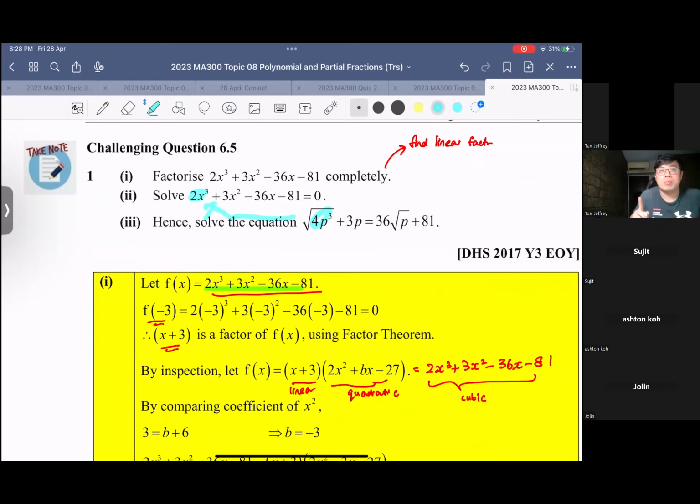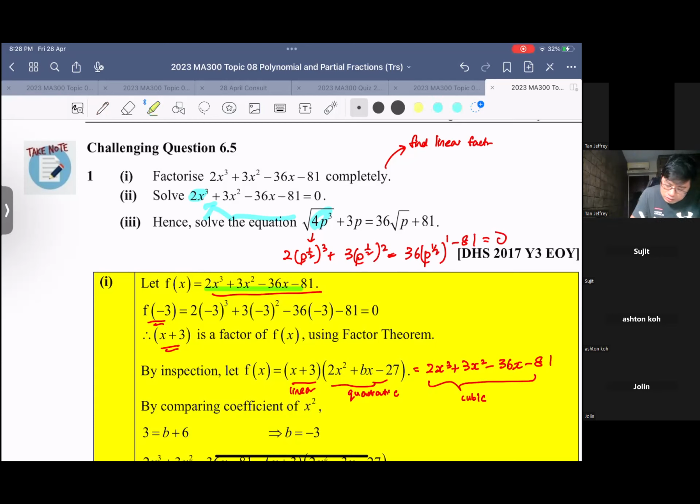Basically, it is to replace x with something. So can I say that this looks like 2 of p power half to the 3, plus 3 p power half to the 2, minus 36 p power half to 1, minus 81 equals 0.